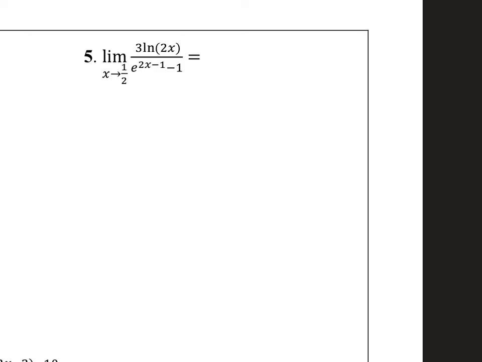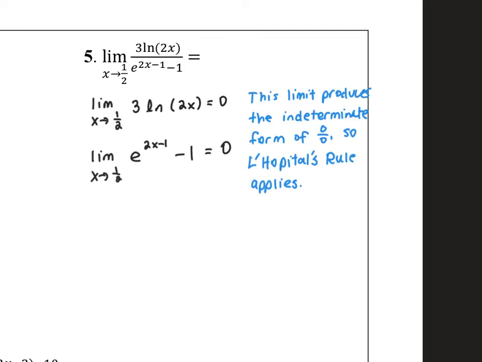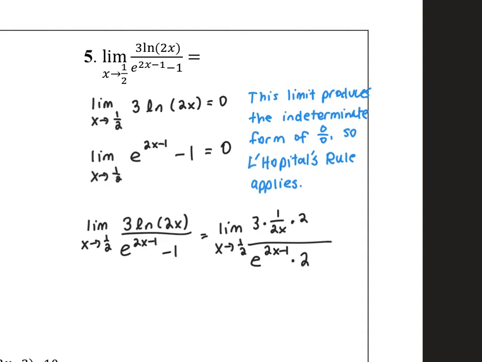Just running through that process again, I'm going to do the limits of the numerator and denominator as 2 separate statements. And then I say in writing that I get that indeterminate form 0 over 0, and I mention L'Hopital's rule by name, and then I'm going to use it. This is my original problem written out. And then my derivatives: a natural log derivative is 1 over the 2x times the derivative of 2x, and that's the times 2.